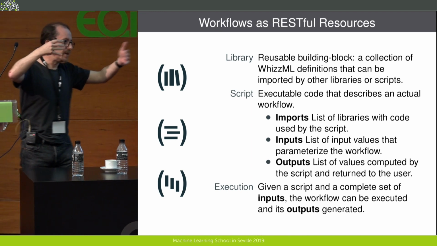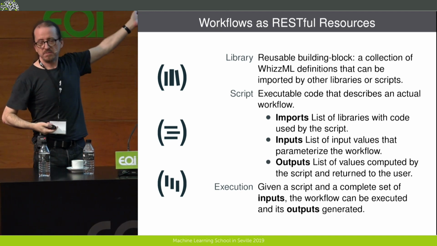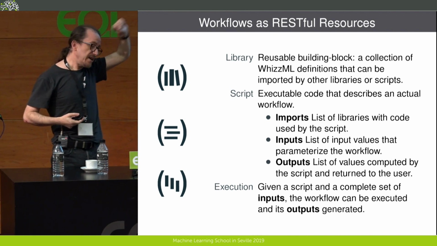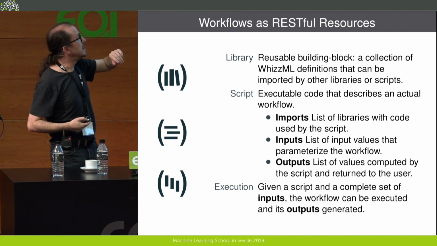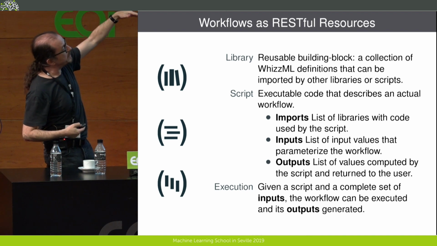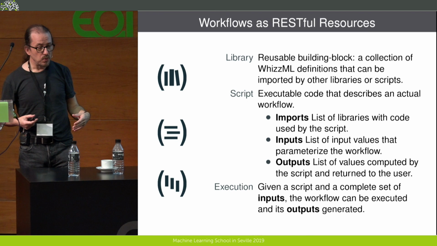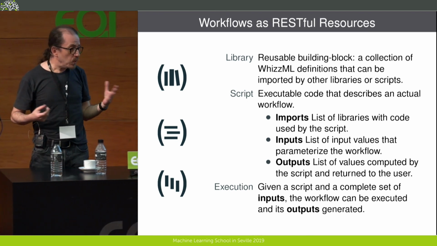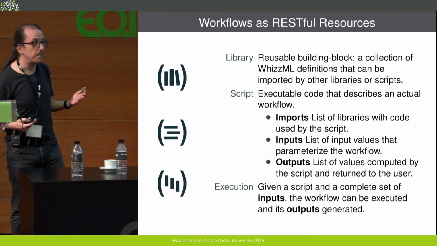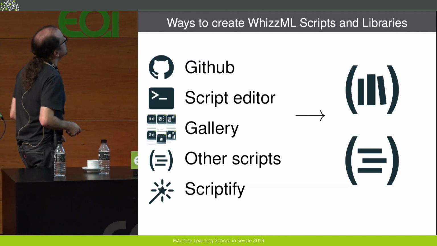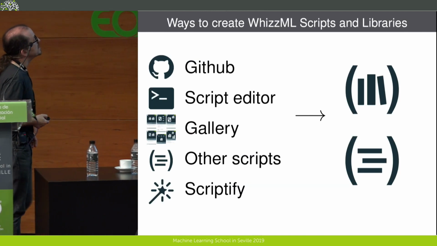You don't want to write over and over the same functions. Of course, we have libraries. And this is a new resource, and it's already there in the server, and you can use it from there. And that's the other big idea here. I'm not only giving you the capacity of executing code. I'm giving you resources that you can manipulate as any other resource. And there are many ways of creating them. You just saw the magic way.